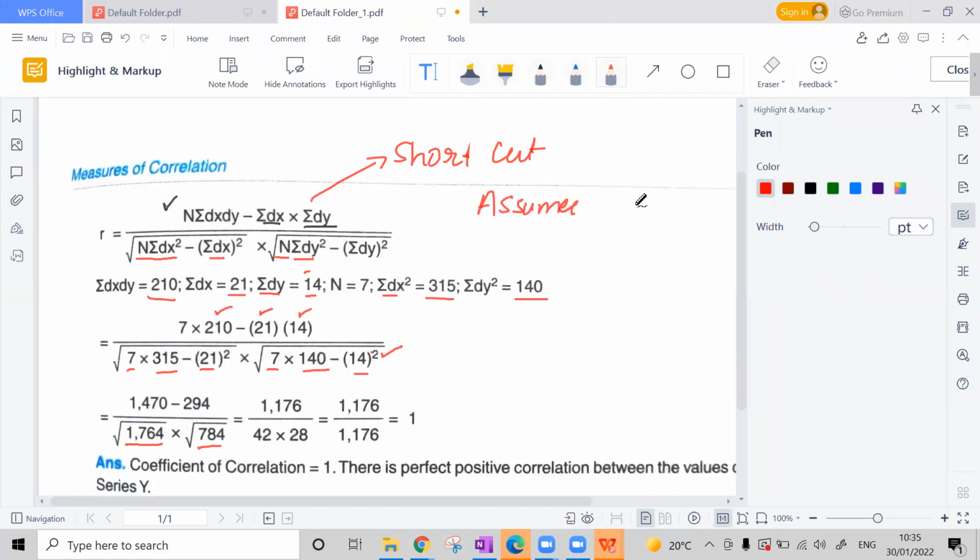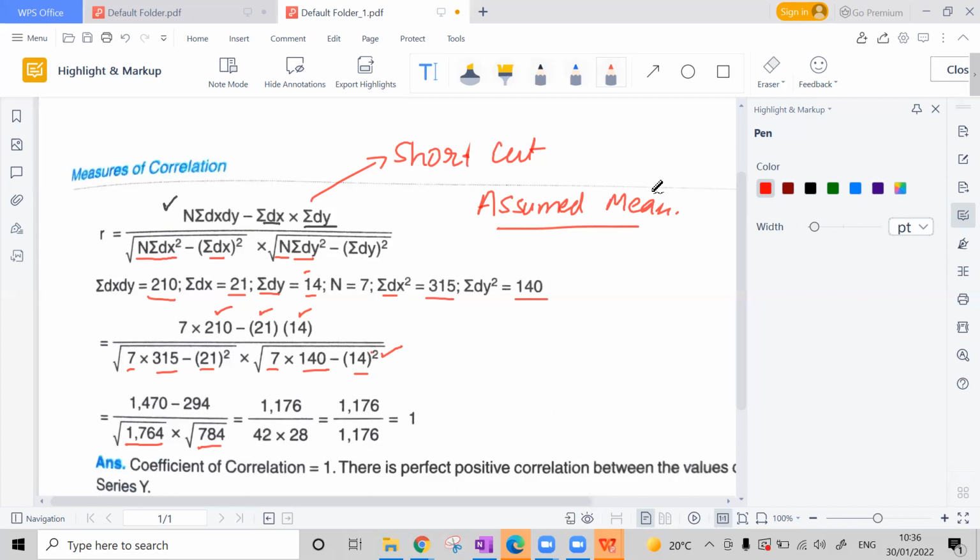Okay, Bhumika, is it clear? Yes, sir. So this is the formula of assumed mean or shortcut. Step deviation is a little bit typical. Maybe I will ask Archana ma'am whether it is in the course or not. If it is in the course, tomorrow I will teach you step deviation, and this chapter of correlation will be wound up.